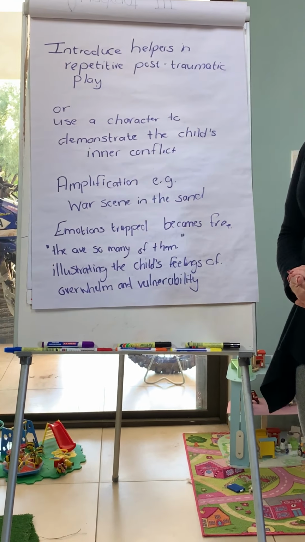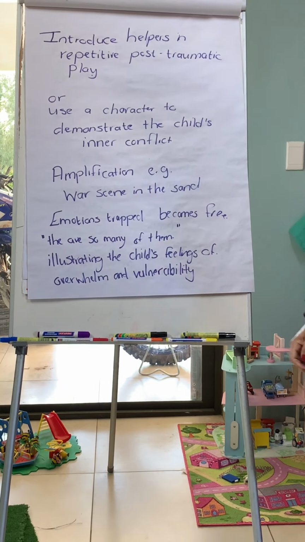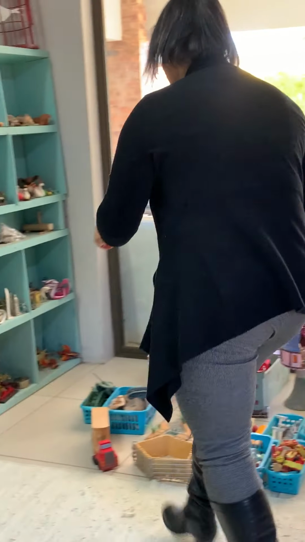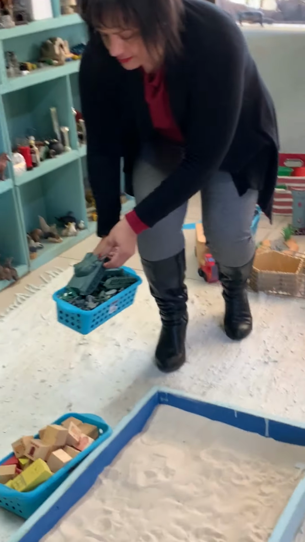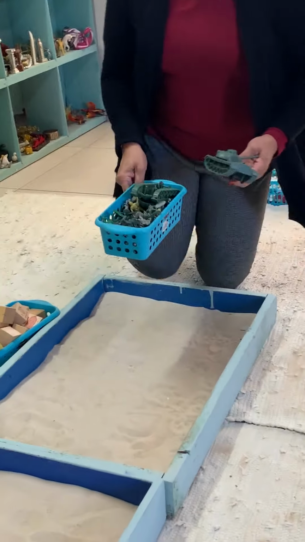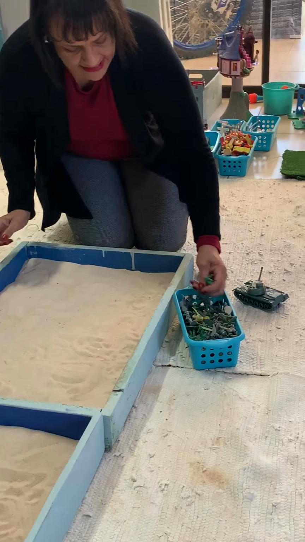Okay, then amplification would be another way, and we are still working in the same quadrant. So let's look at the following scene. Let's say in the sandbox, the child wants you to play with, and there are two warring sides.